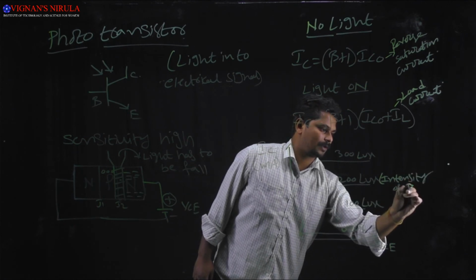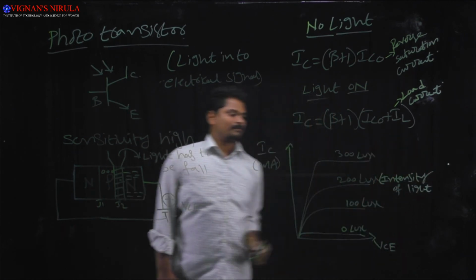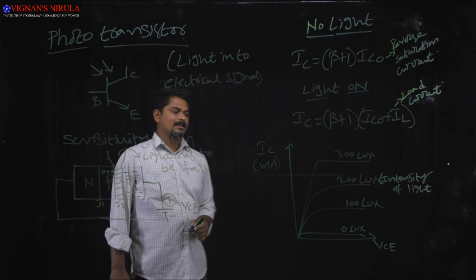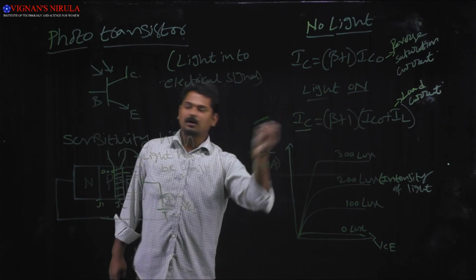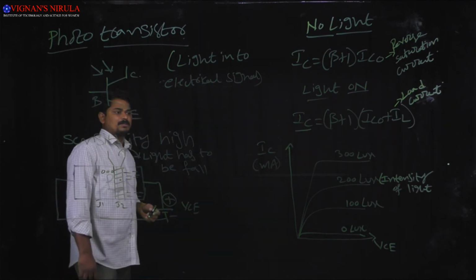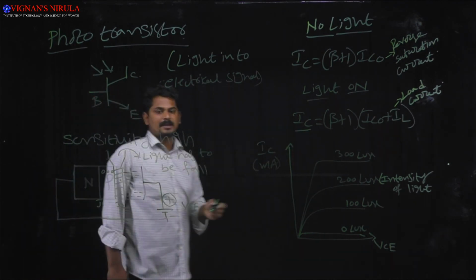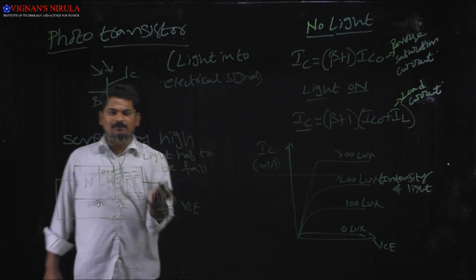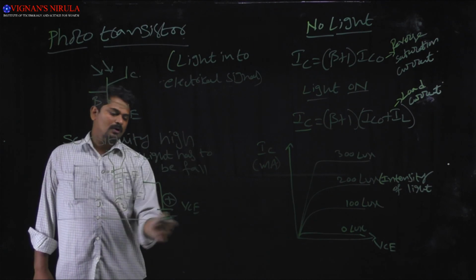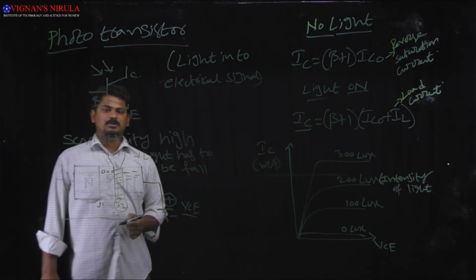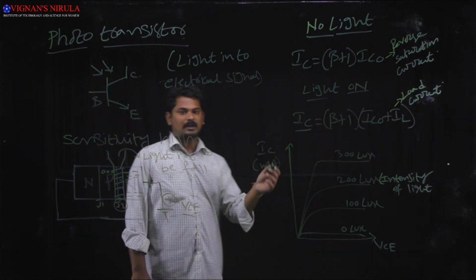Intensity of light. So from this graph we can say that the amount of collector current produced by your phototransistor is purely based on the intensity of light that falls on your phototransistor at junction J2, not on the applied reverse bias voltage. This is a very, very important note.